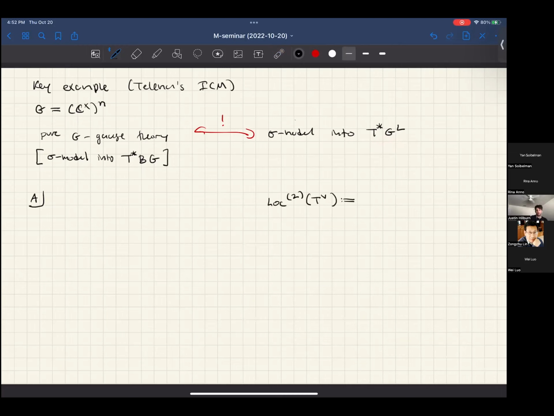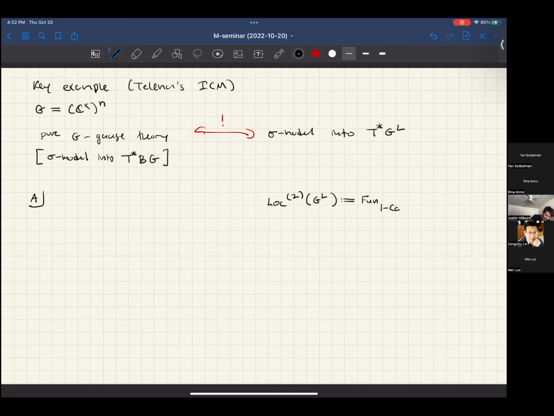And these have the following definition. You can think of any algebraic variety just as a topological space. And any topological space you can think of as a very special kind of infinity category, an infinity category where all of the one morphisms are invertible.